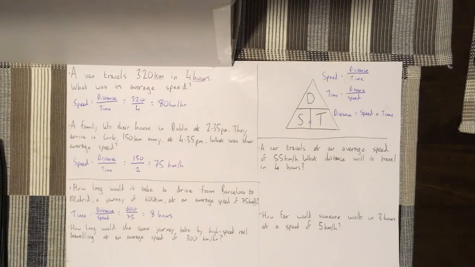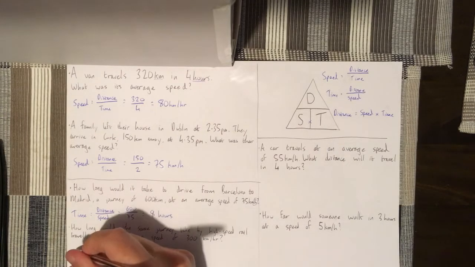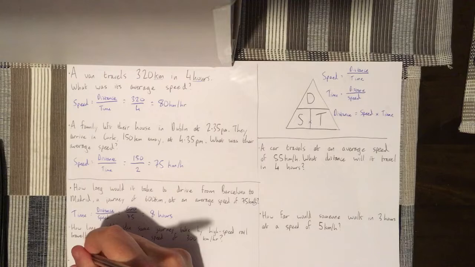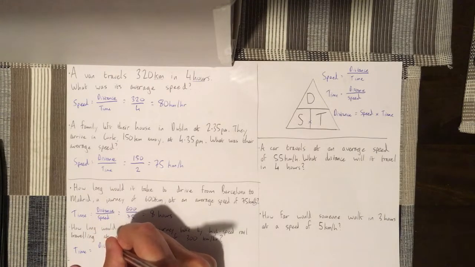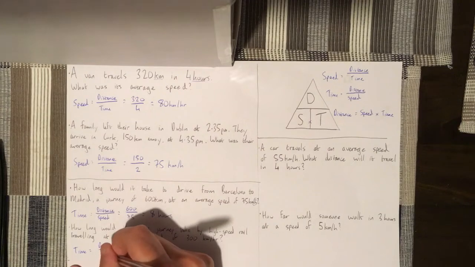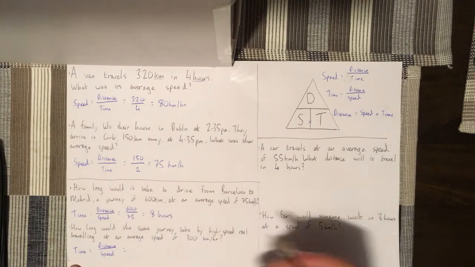Next example that I'm going to do. How long would the same journey take by high-speed rail traveling at an average speed of 300 kilometers per hour? So how long would it take? It's time is equal to distance over speed again. It's the same journey, so the distance is the same.